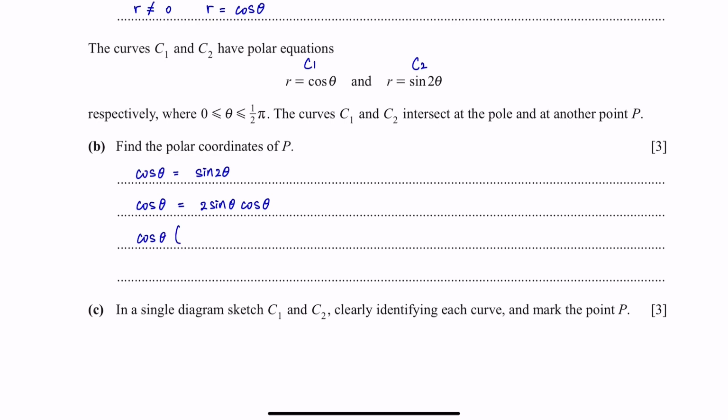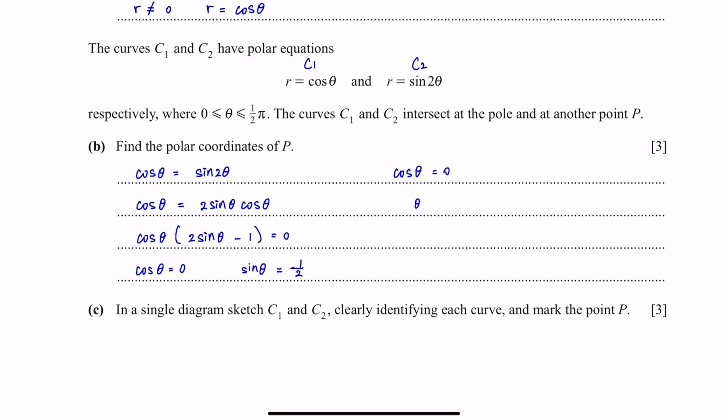So you get cos theta bracket 2 sin theta minus 1 equals 0. So cos theta equals 0 and sin theta equals 1 over 2.